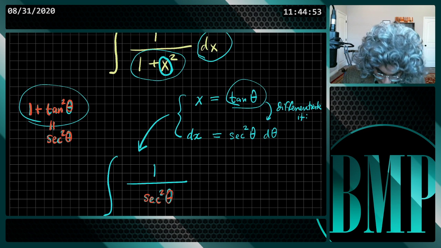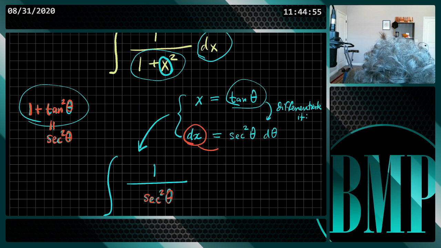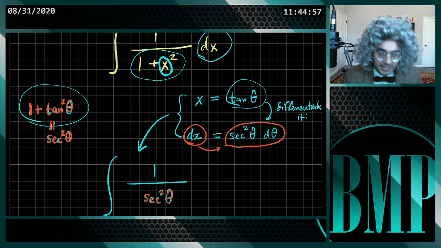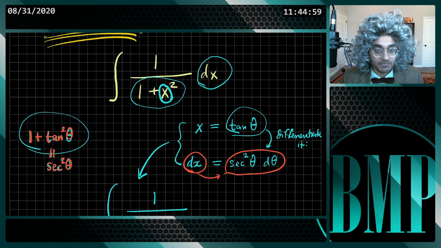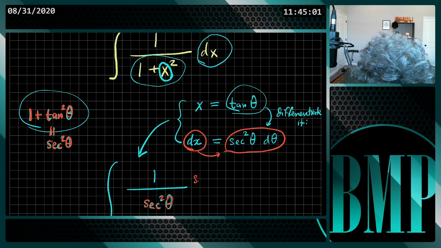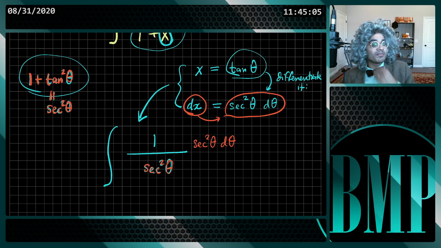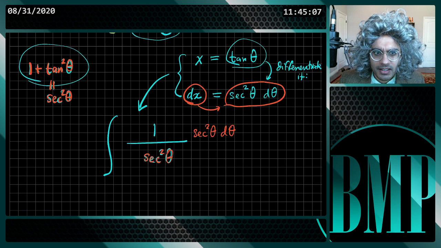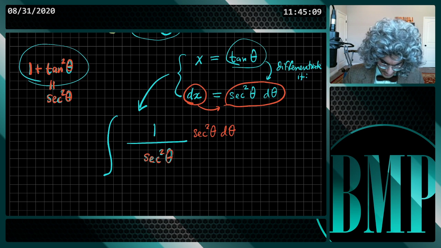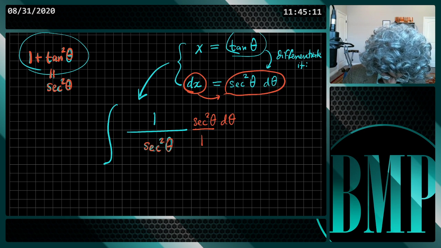And then dx is replaced with this differential, secant squared. Oh my god, amazing cancellation. Insane cancellation.